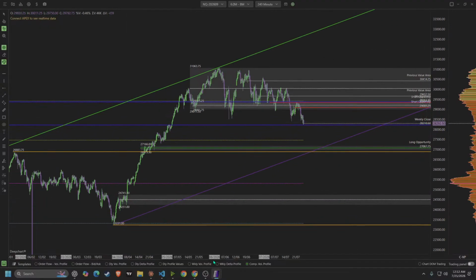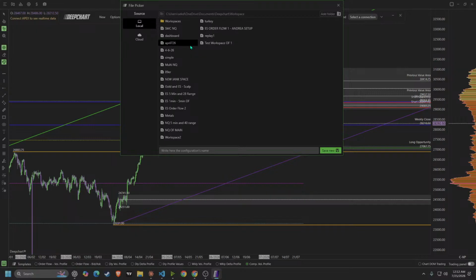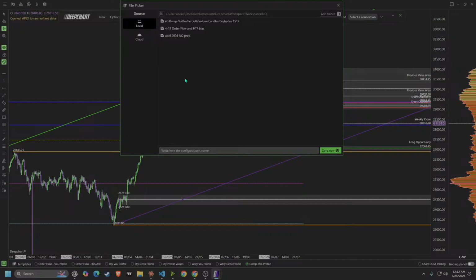All right, so let's save this as a template. We're gonna call this... how do I, what can I do here? I don't want to save a template. I want to save the workspace. We're gonna save it, and we're gonna give it a name.